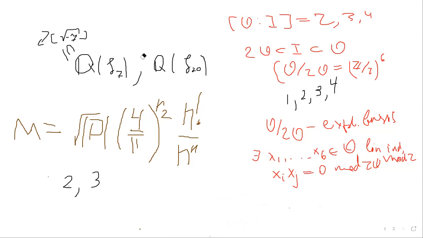It depends on the modulo 4 or something like this. It's basically -1 to the p minus 1 over 2. We have that as a problem in this seminar as well.